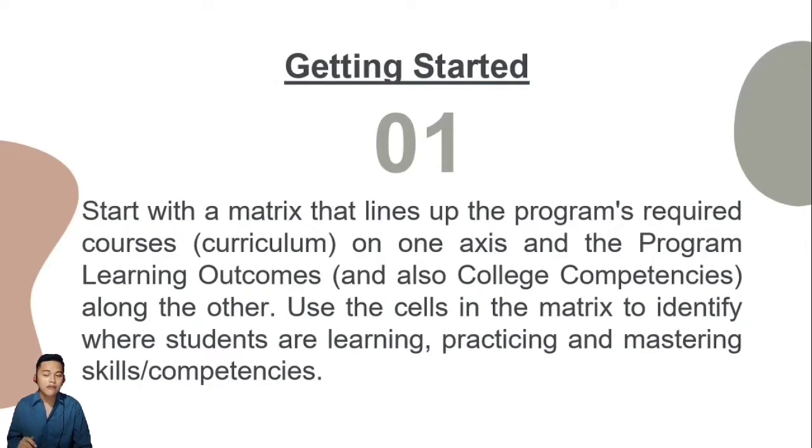And on the first row, which is the uppermost part of the table or the matrix, you're going to write all the program learning outcomes. And in those blank spaces, you're going to write the learning attainment of the students, or how teachers were able to execute and achieve those learning outcomes. Okay. So again, the first step is start with a matrix.